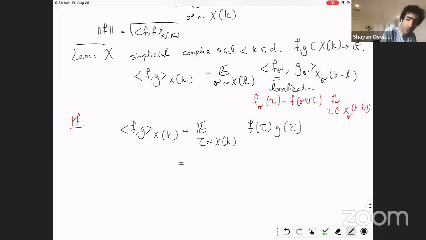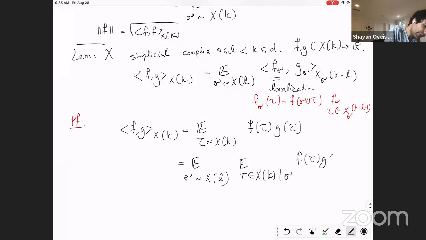Now I'm saying this is equal to the following. First sample sigma from Xl, then sample tau in Xk conditioned on sigma, f of tau, g of tau.